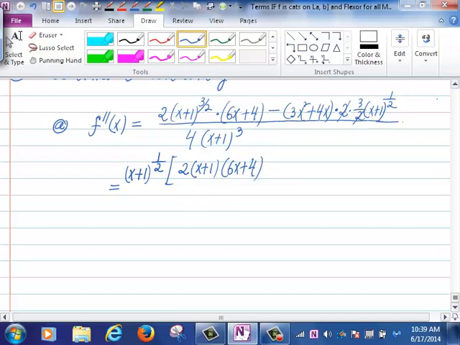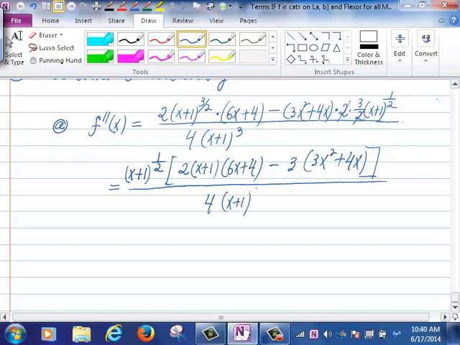Because when I divide x plus 1 to the 3 half by x plus 1 to the half, it will be x plus 1 to the 3 half minus half, which would be 1. And then minus, here all I get is 3 left, and then also I have 3x squared plus 4x left. We're going to multiply out everything inside the brackets. 4 times x plus 1 to the 3.